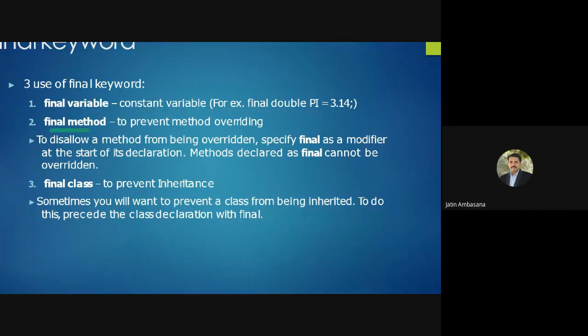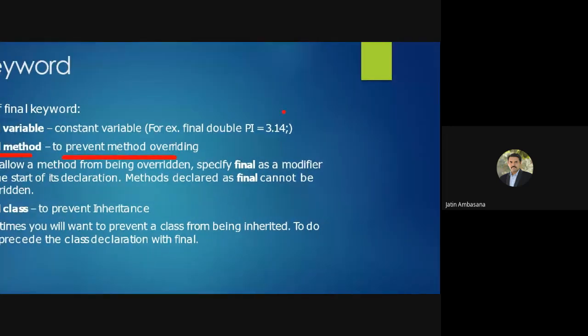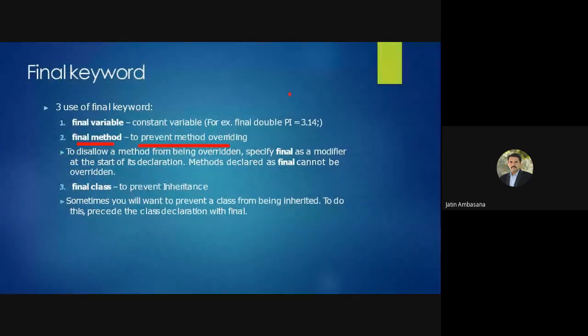And there is the final method. Final method is used to prevent method overriding. Okay, so if you have a class, suppose A, and it has a method called, let's say, A1.